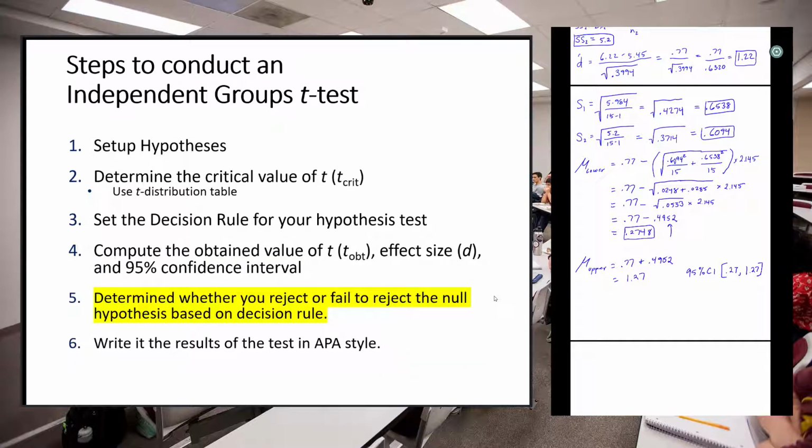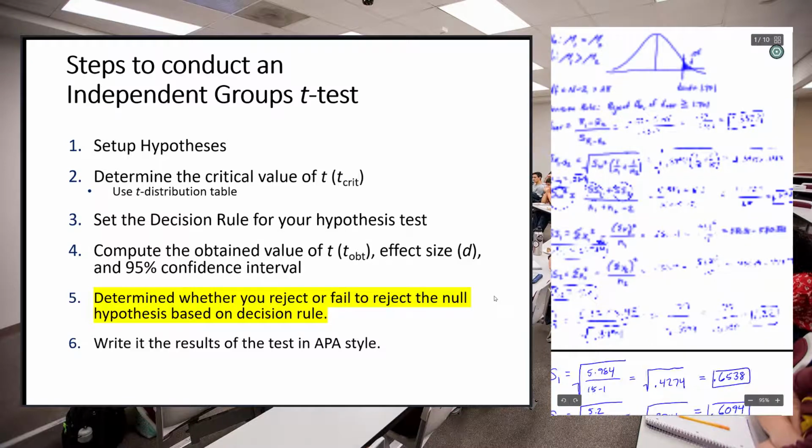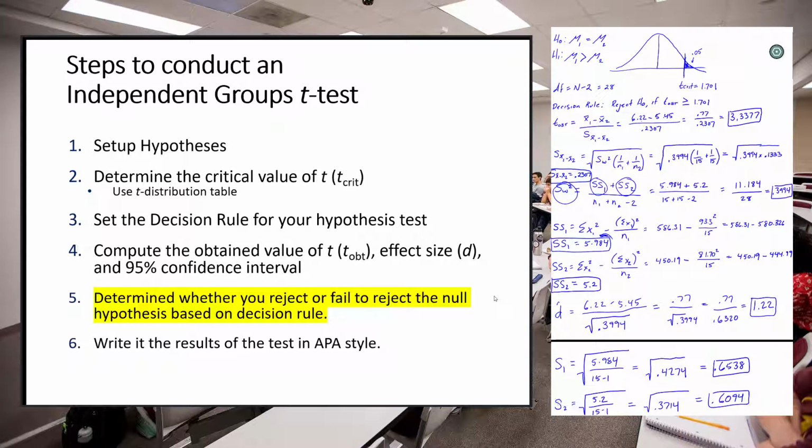So on the basis of this, now we move forward to determine whether we should reject or fail to reject the null hypothesis. So we need to go back up to our decision rule. Our decision rule said we'll reject the null if t obtained was greater than 1.701. Well, our t obtained value right here was 3.3377.